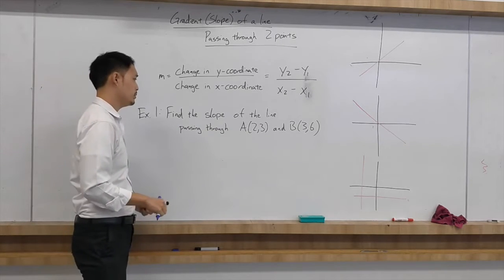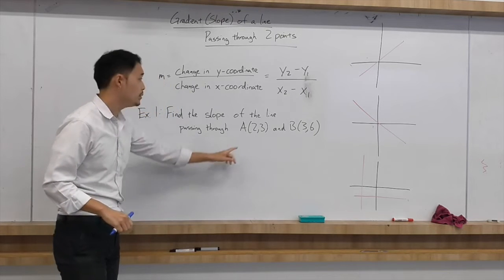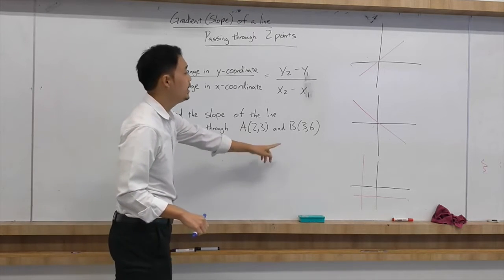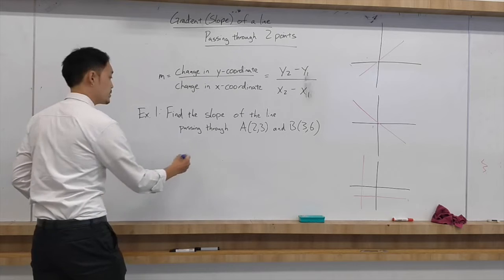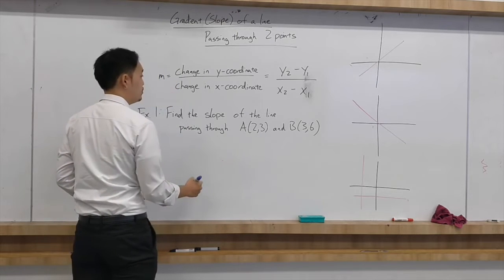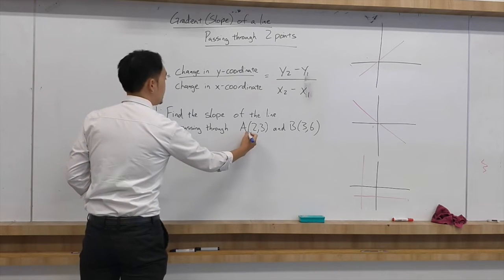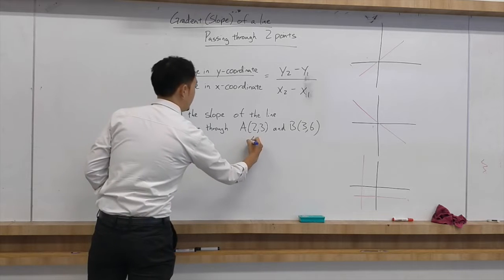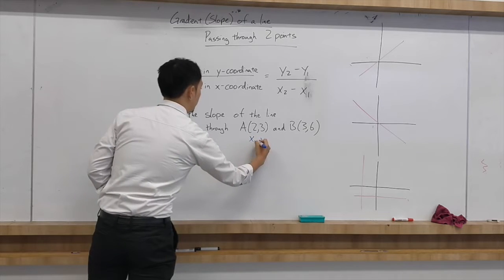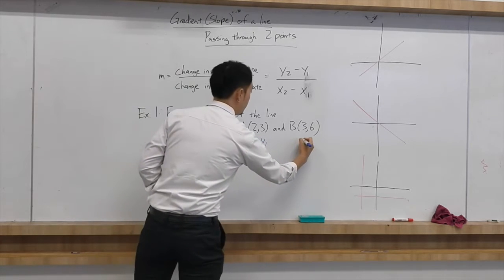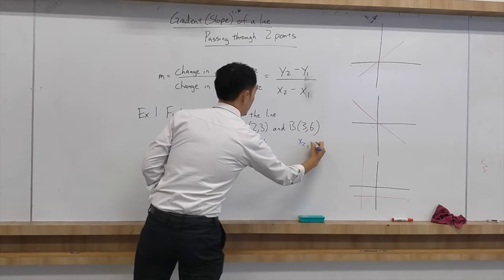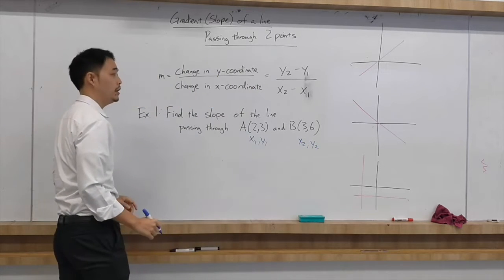Find the slope of the line passing through A, which is at 2, 3, and B, which is at 3, 6. Let's set A as our x1, y1, and let's set B as our x2, y2. Okay?